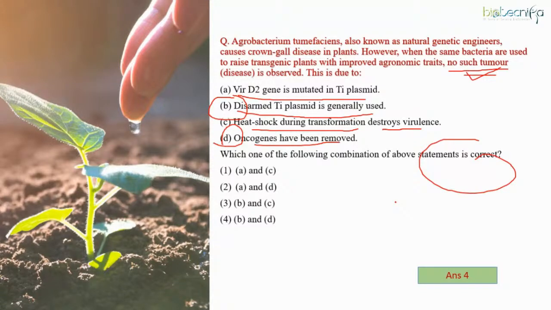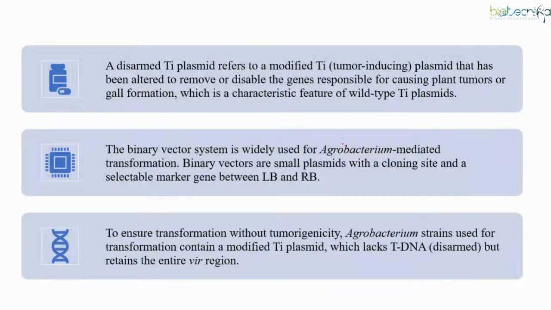Now, what is the reason behind these two things? First, you have to be clear what a disarmed Ti plasmid is all about. A disarmed Ti plasmid is a modified version of Ti plasmid that has been altered to remove or disable the genes responsible for causing plant tumors or gall formation, which is the characteristic feature of the wild type Ti plasmid.